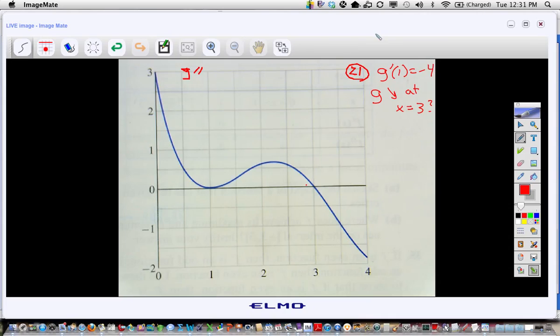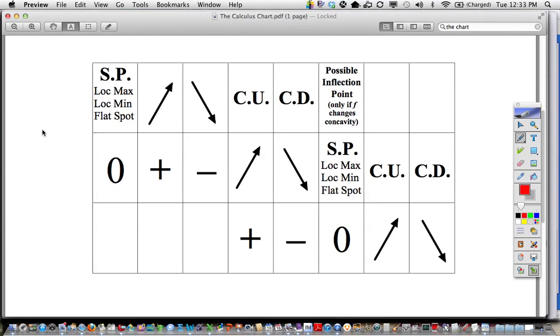Like on 15, what do they say on 15? Let's back up a minute before we go any further than 21. They tell me this is G double prime. On the chart, if this is G prime, G double prime, what do I mostly care about with G prime? Well, I mostly care about when it's positive and negative, right?